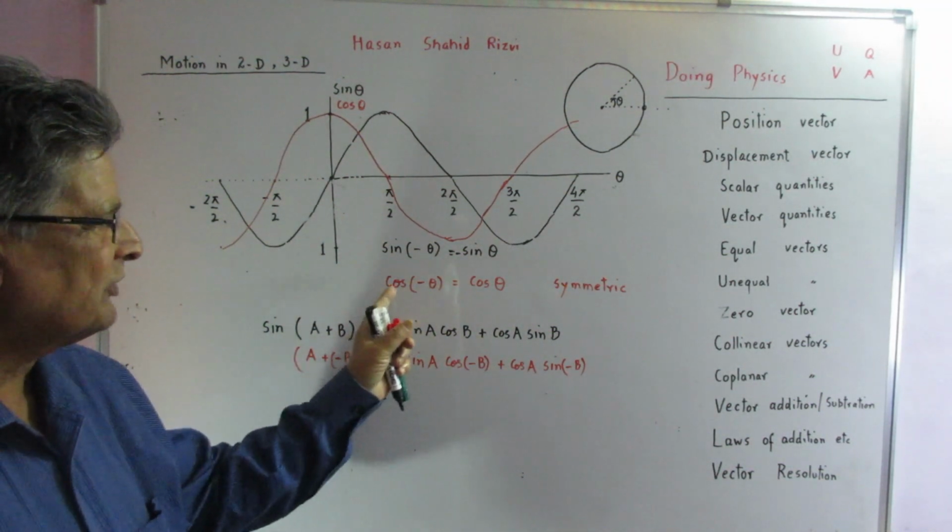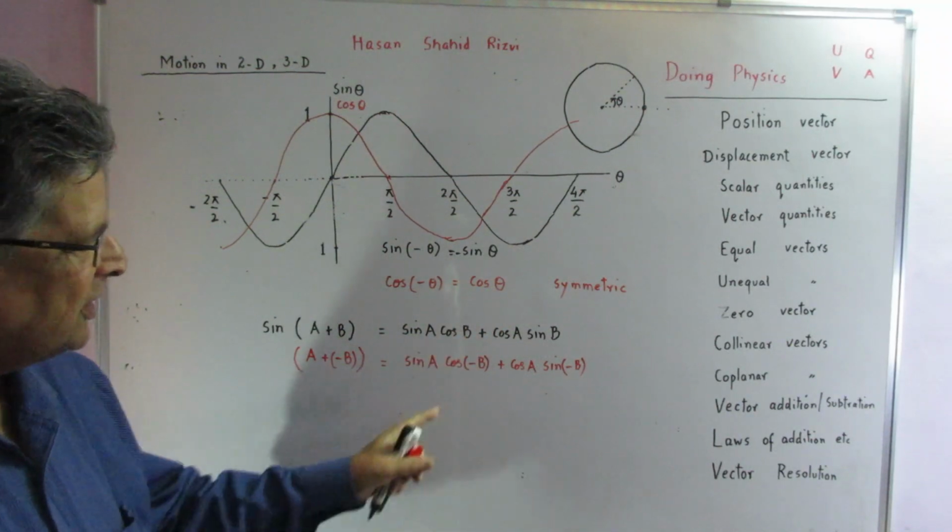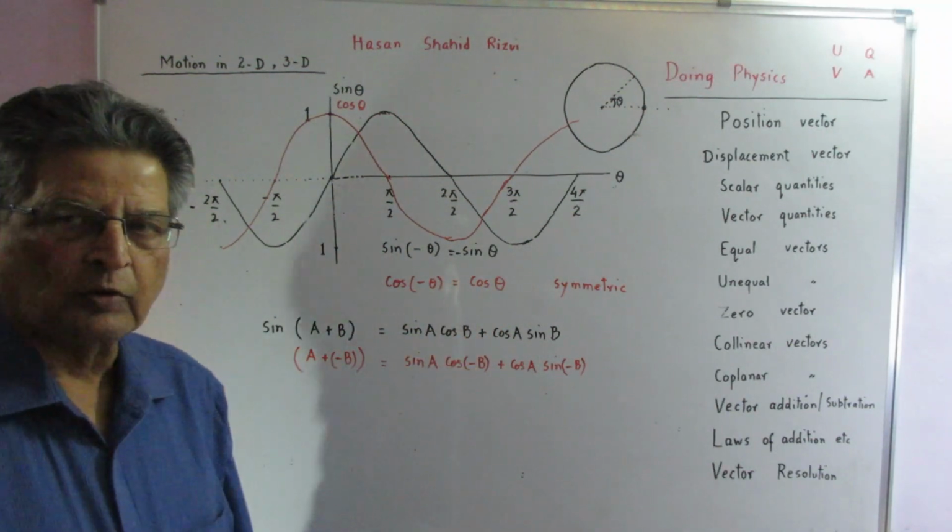I said that cos of minus theta is equal to cos of theta, so cos of minus B will become equal to cos of B.